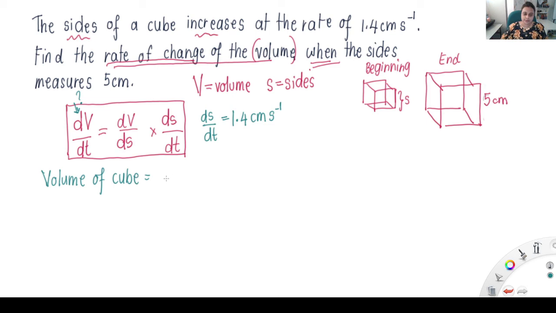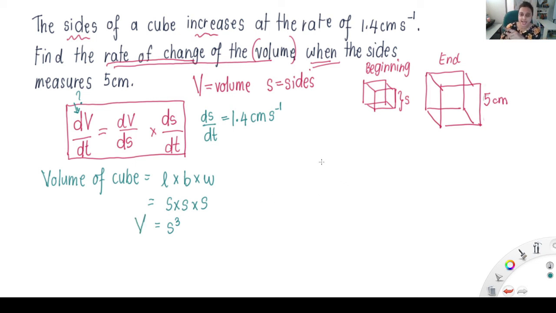Usually for a cube, all the sides measure the same. So here, we take s times s times s. So that means this is s cubed. This is the volume, V.